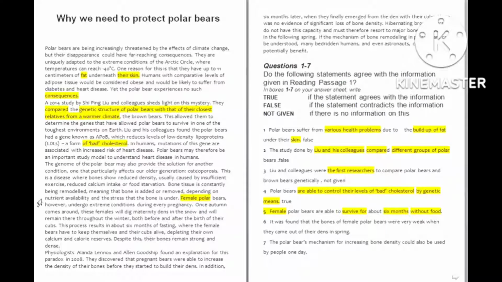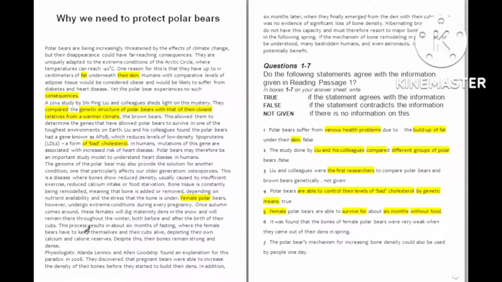Female polar bears, however, undergo extreme conditions during every pregnancy. Once autumn comes around, the females will dig maternity tents in the snow and will remain there throughout the winter. These lines mean that during pregnancy they dig maternity tents in the snow and remain there throughout the winter, both before and after the birth of their cubs.